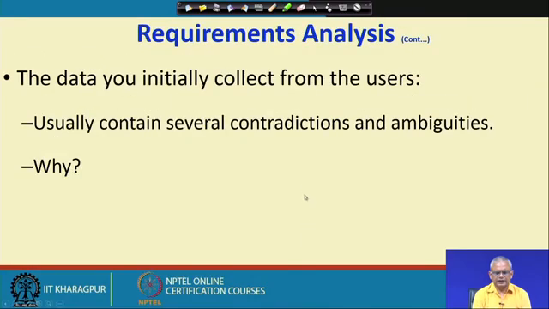Once the data is gathered, there will be several contradictions and ambiguities. Why is it that the gathered requirements will always have problems like contradictions and ambiguities?